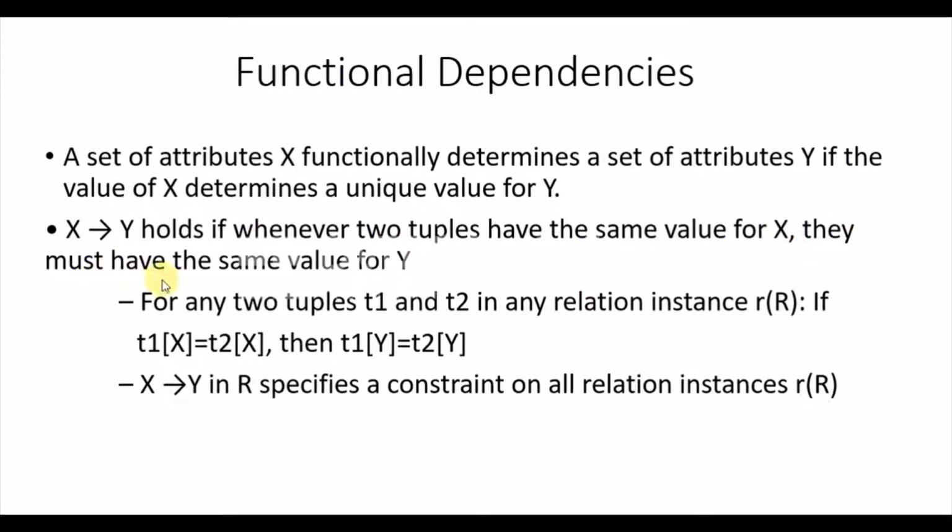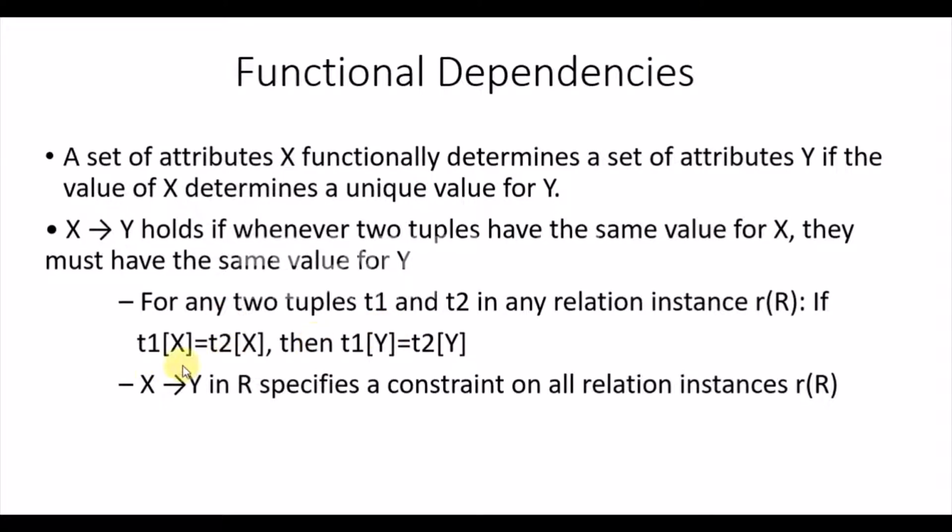If two tuples have the same value for X, then they must have the same value for Y also. For any two tuples T1 and T2 in any relation instance r of capital R, if T1[X] equals T2[X], then T1[Y] is equal to T2[Y].